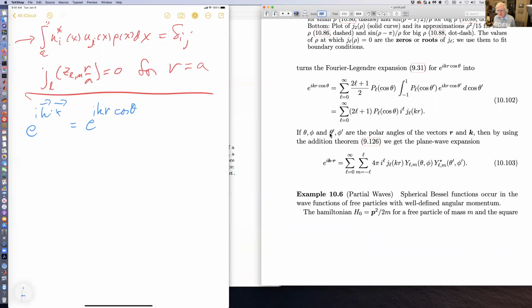And so if theta phi and theta prime phi prime are the polar angles of the two vectors r and k, then what we have is e to the i k dot r is this expression here. This thing gives us the PL.